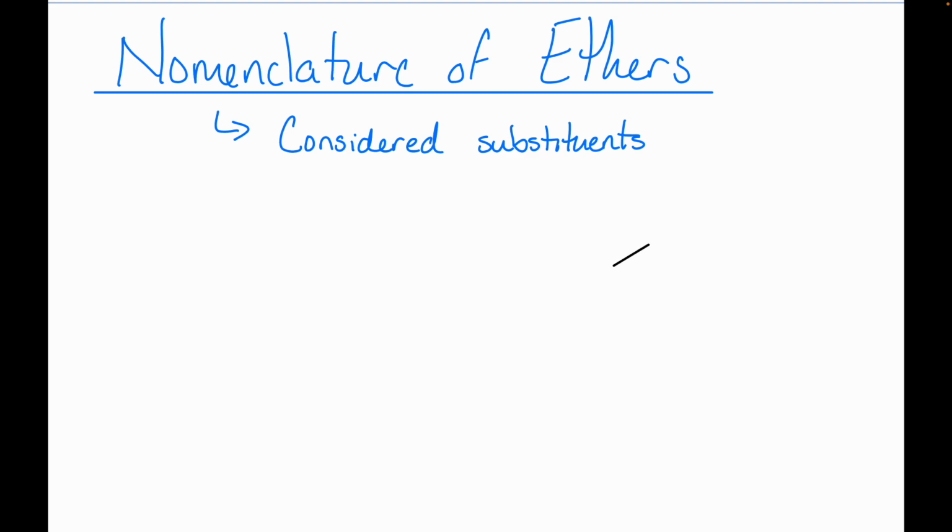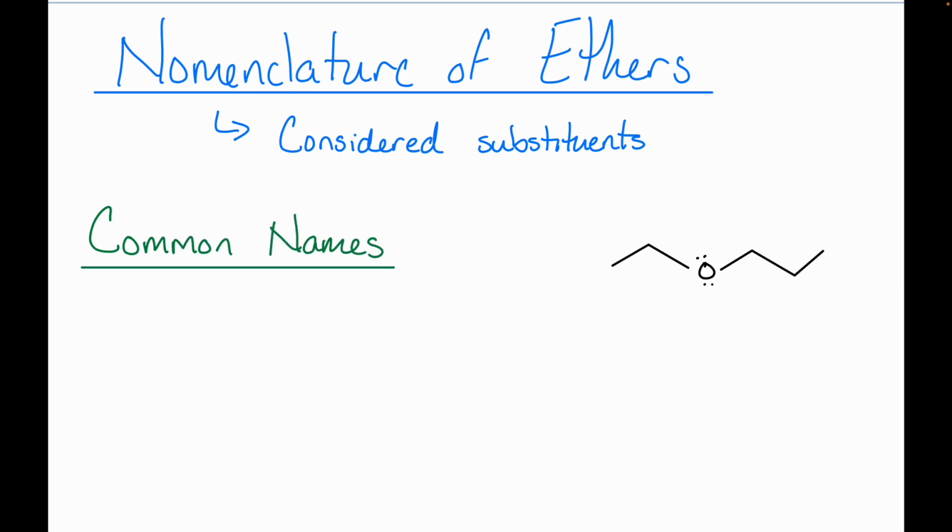All right, so let's get a good example here. Ethers have this IUPAC naming scheme here that we're going to use, but we're also going to talk first about the common names of ethers, because it's a little bit easier.